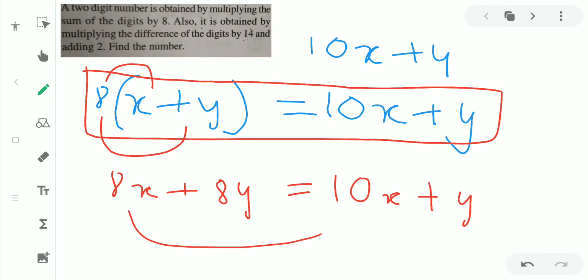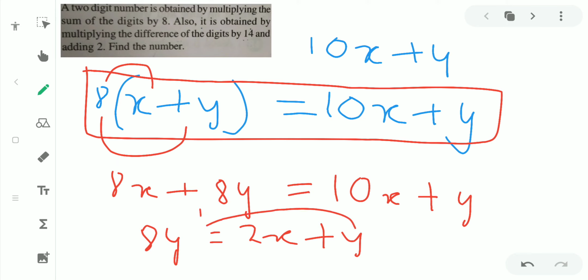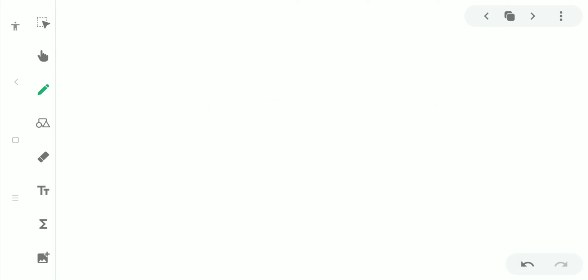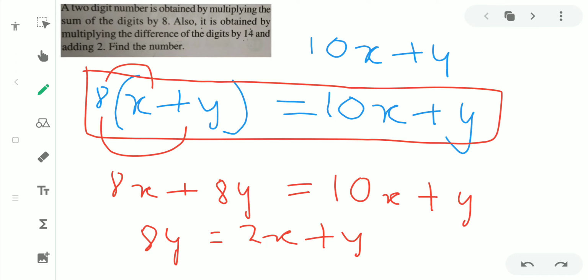When 8x goes to the RHS, it will become 10 minus 8x, that is nothing but 2x. So 8y is equal to 2x plus y. If y goes to the LHS, it will become 8y minus y, that is nothing but 7y. It will become 2x is equal to 7y.